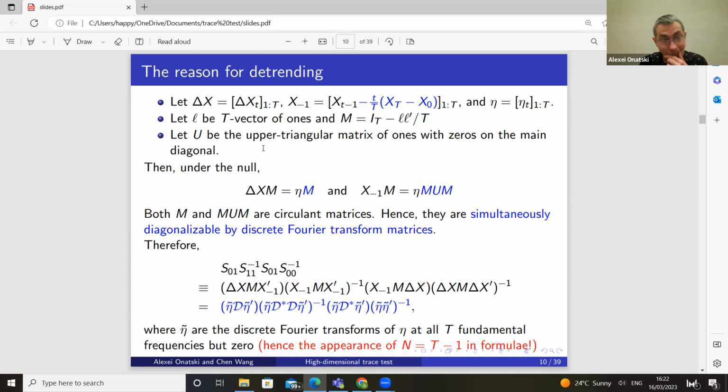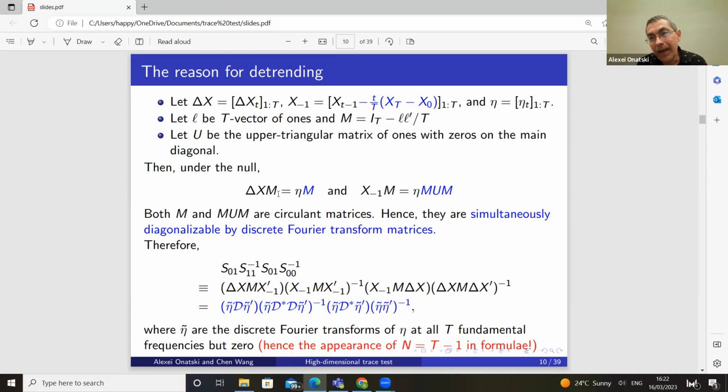And then remember, I'm interested in the canonical correlation between demeaned delta X and demeaned and detrended X minus 1. Demeaning means simply that I'm multiplying this delta X by this matrix M. Remember, M is the matrix which projects on something orthogonal to the vector of ones.